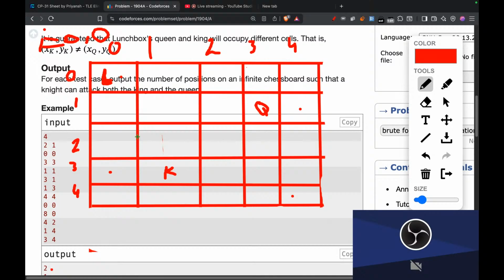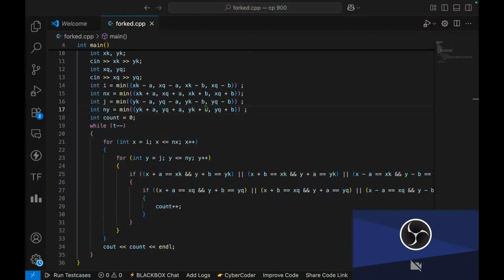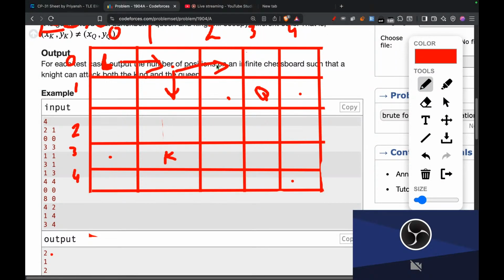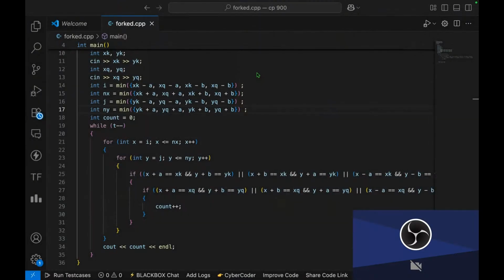If we even started from here, we still do not reach. From here, there are no possibilities. From here, there are still no possibilities. From here, we can go there, and this. From here, we can go here. Okay, we find two, but we can find Q.